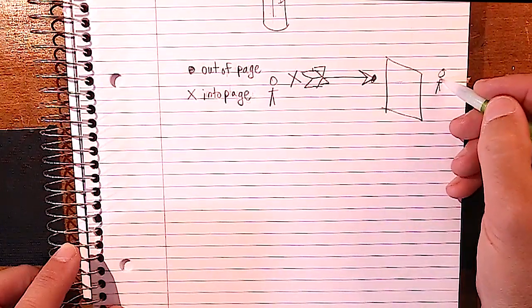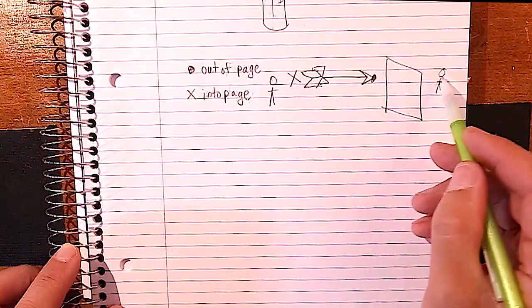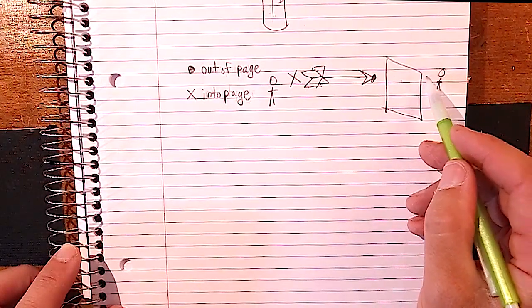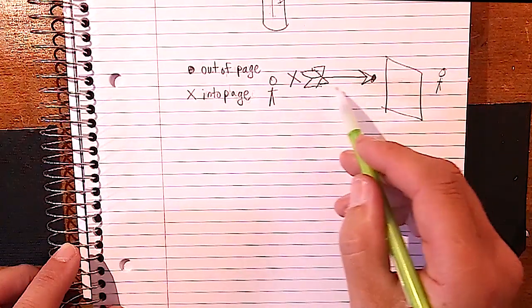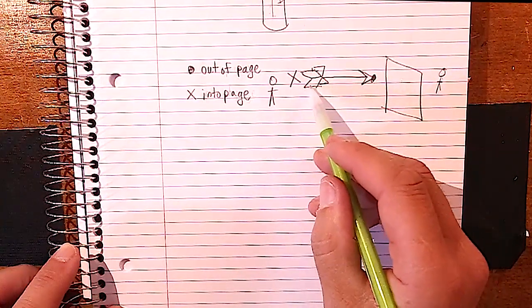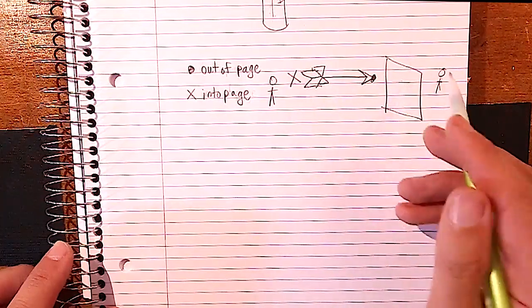So if someone is over here and here's a piece of paper, they would see the arrow coming through the paper and they would see a dot coming out of the paper. Whereas someone from behind would see the tail of the arrow, they would see that X, so they know that the arrow is going into the page. Pierce the plane and is traveling out of the page at right angles to it.